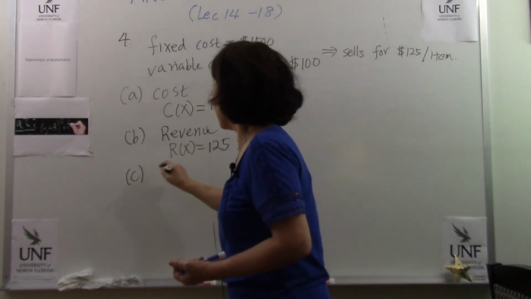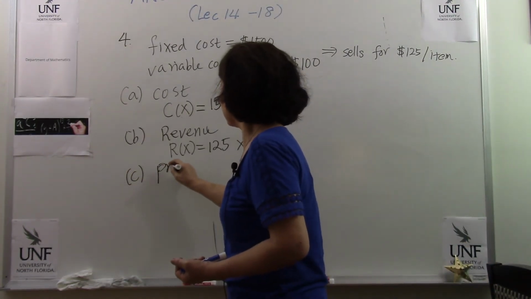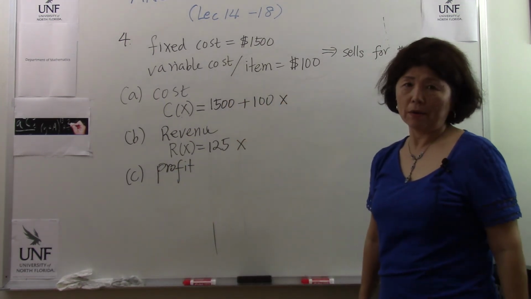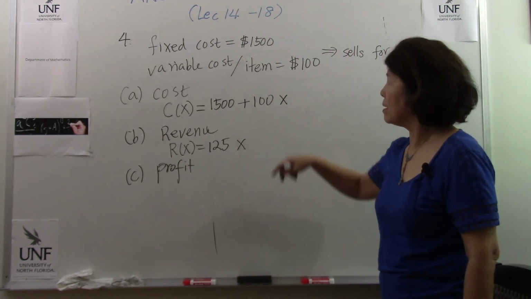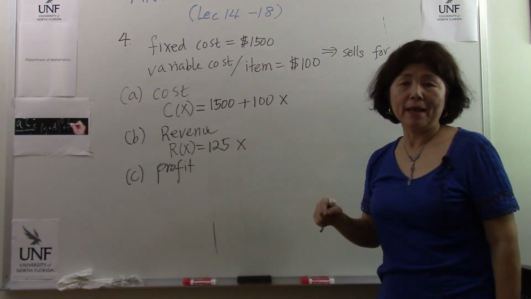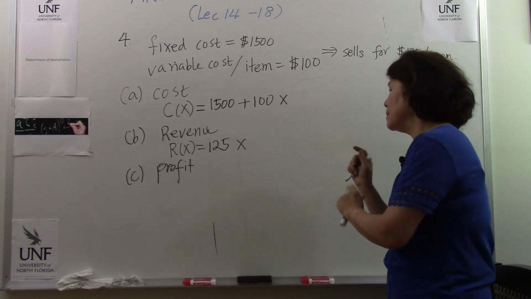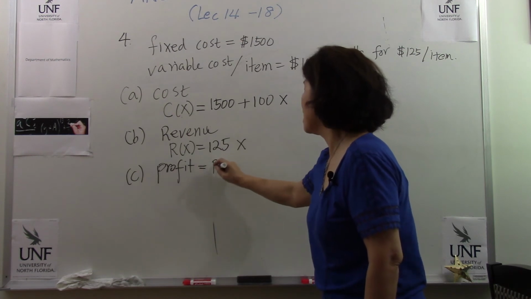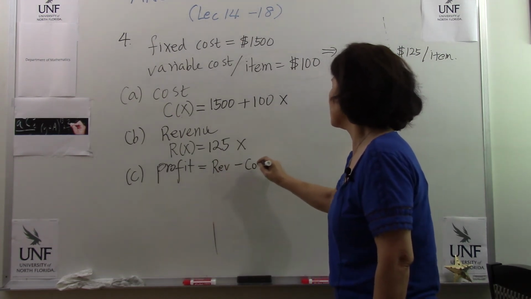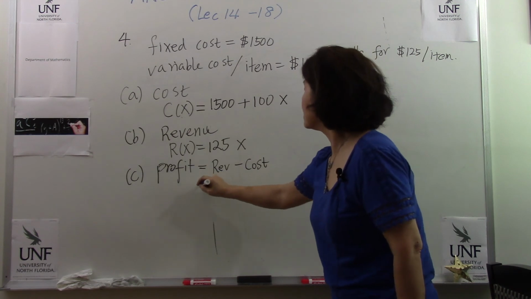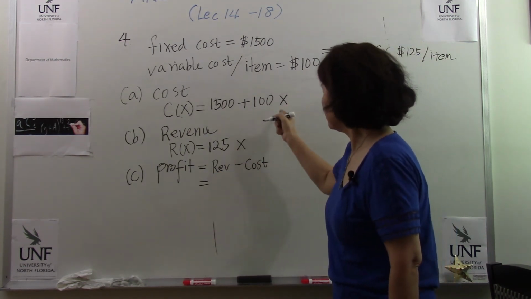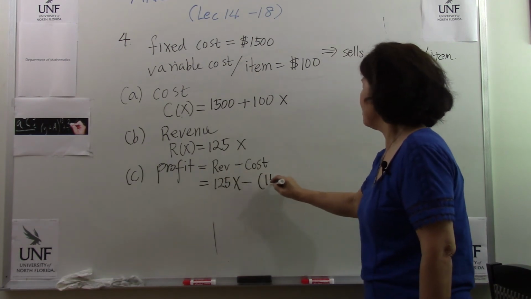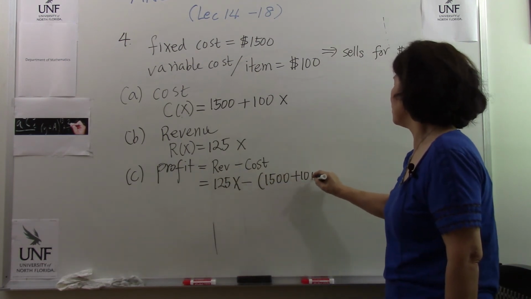Yes, the next one is, what is that? Profit. All you receive is your money? No, it's not really your money because you already spent some money and you are going to subtract that from revenue. So profit is always revenue minus cost. So that makes revenue 125x, and then subtract 1500 plus 100x.